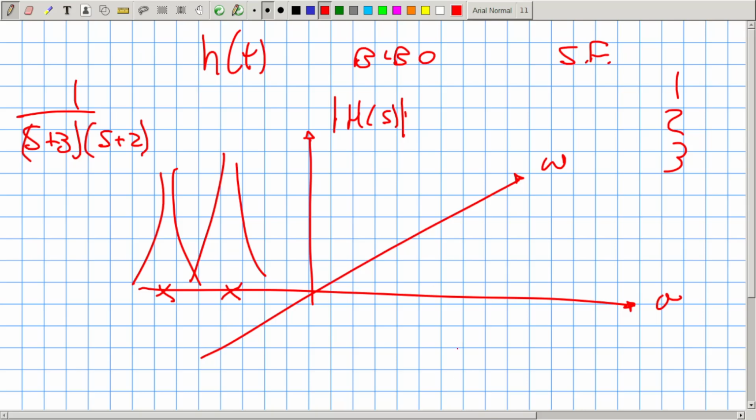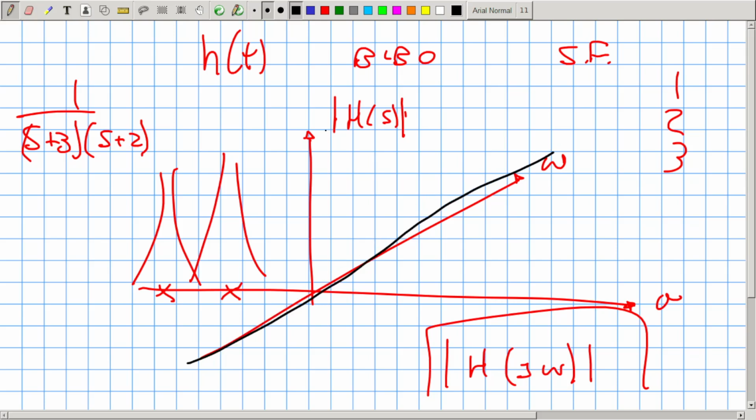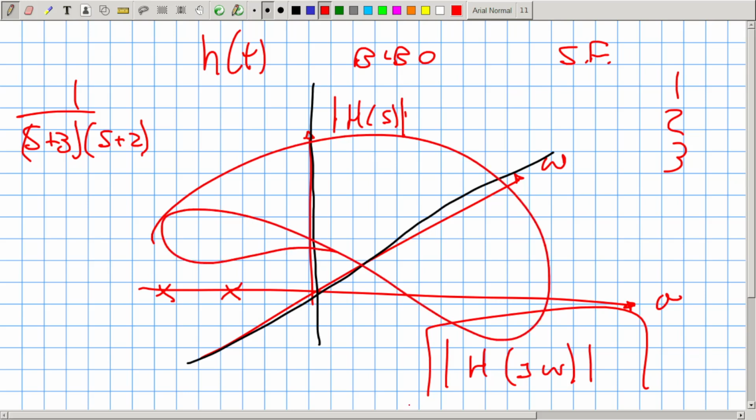Where do we find this object here? We have a blanket. Let's make the blanket like this one. This is the 3D blanket of the transfer function. We're together.